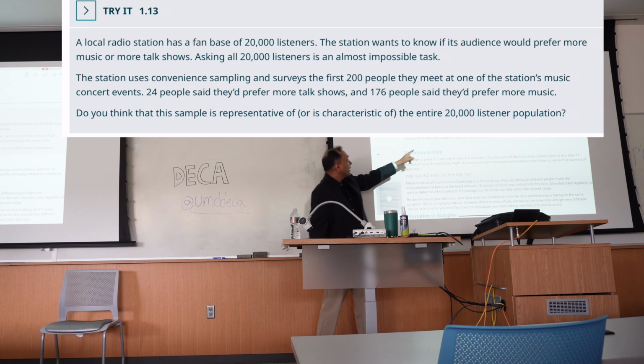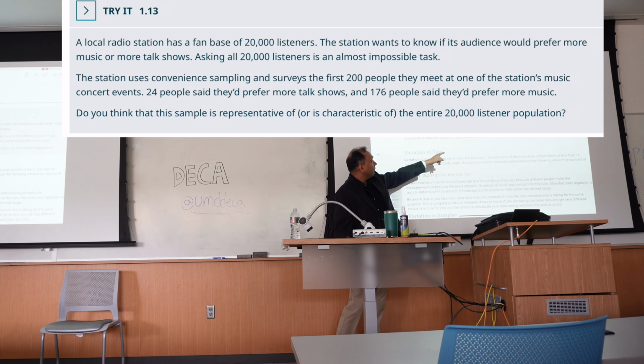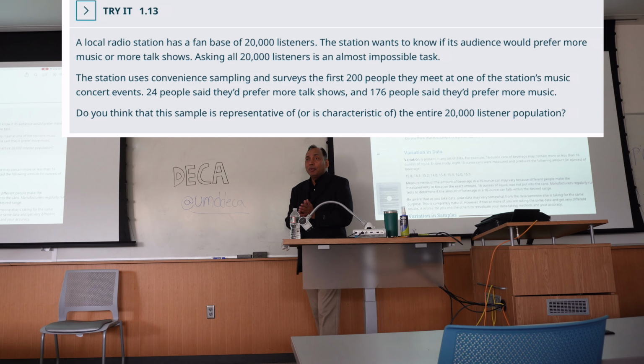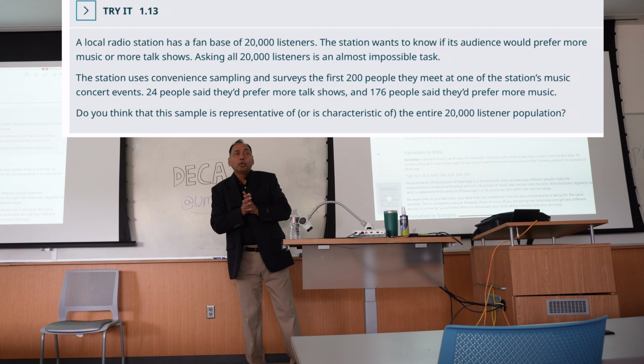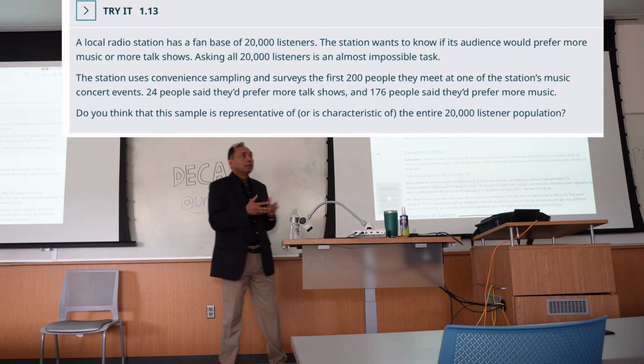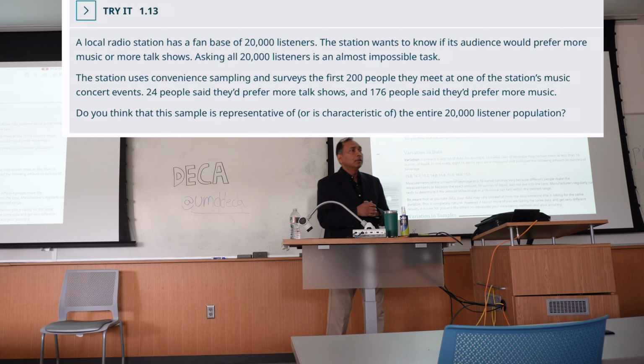Do you think that this sample is representative of the entire 20,000 population? Or do you think they could have done better? Yeah. It's not enough people really to get a good understanding of the majority of people. It's just a small fraction of people, and also that one radio station, so it's just that one area.